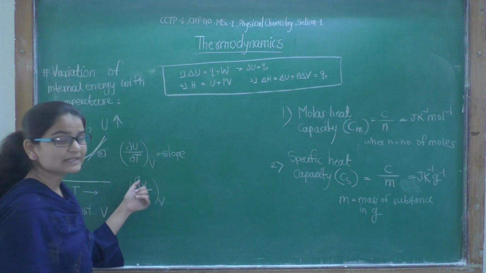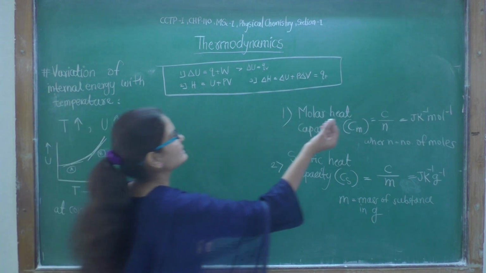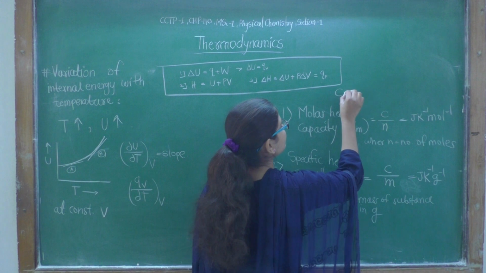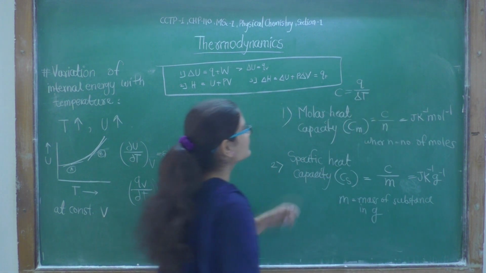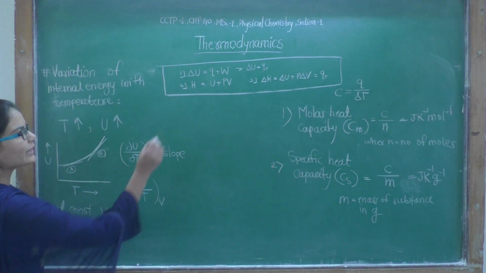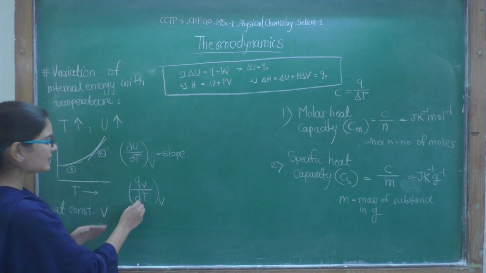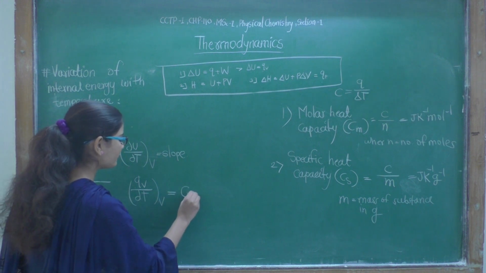Now, what is heat by delta T? We already saw C is equal to Q by delta T. This is the heat capacity, joule per Kelvin. So this value and this value are the same, so it is the heat capacity at constant volume, and it is denoted by CV.